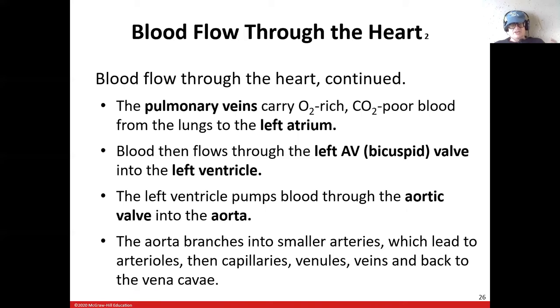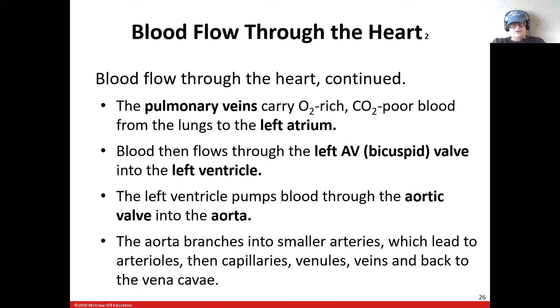The aorta is a huge blood vessel, but it's also a very elastic blood vessel. As the blood rushes out of the left ventricle, the aorta is going to swell and expand with all the blood coming into it. Then as it tries to contract and the heart relaxes, the semilunar valve will slap shut to keep the blood from going back into the heart.